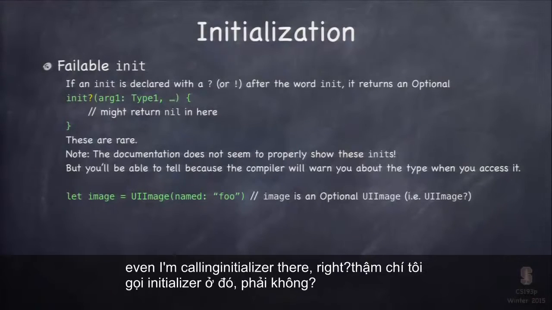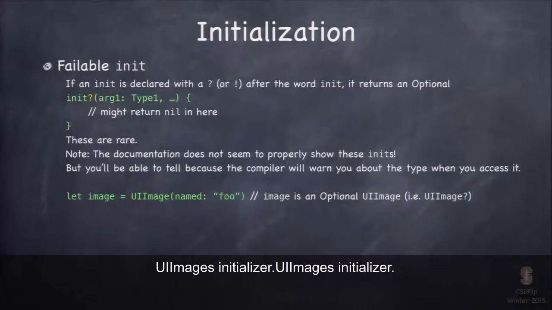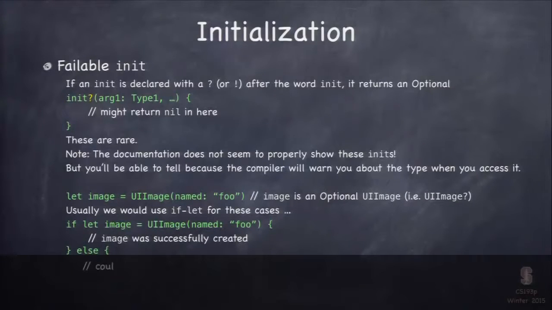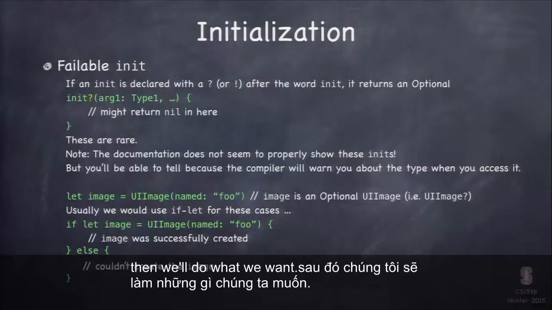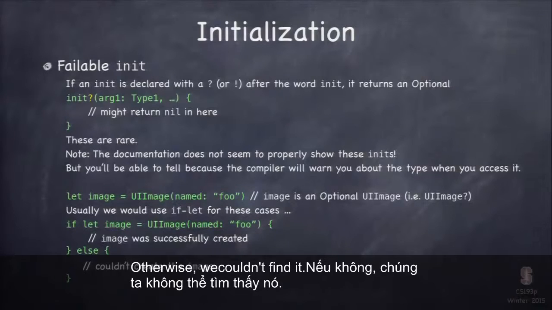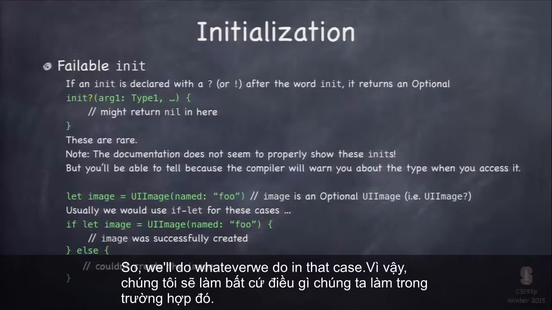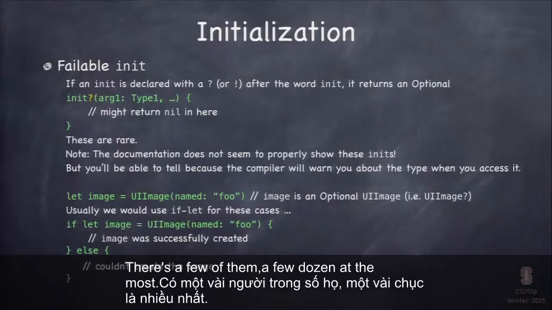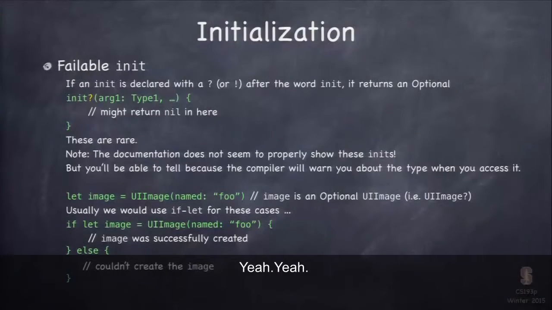Image is an optional UIImage, even though I'm calling an initializer there, right? It could be failable. So usually what we do in this case is we use if let. Right? If we can let the image equal the image named foo, then we'll do what we want. Otherwise, we couldn't find it, so we'll do whatever we do in that case. Okay? So watch out for those. There's very few of them, a few dozen at the most.